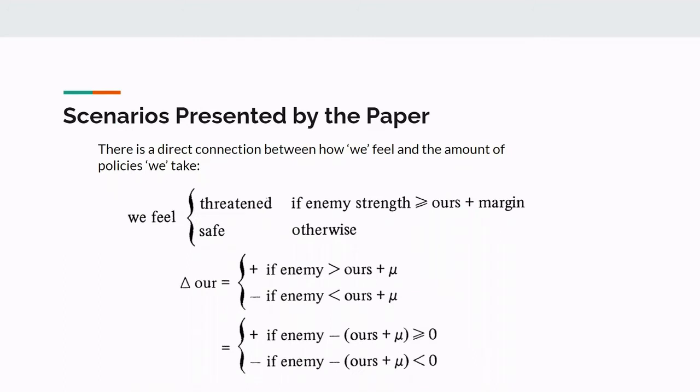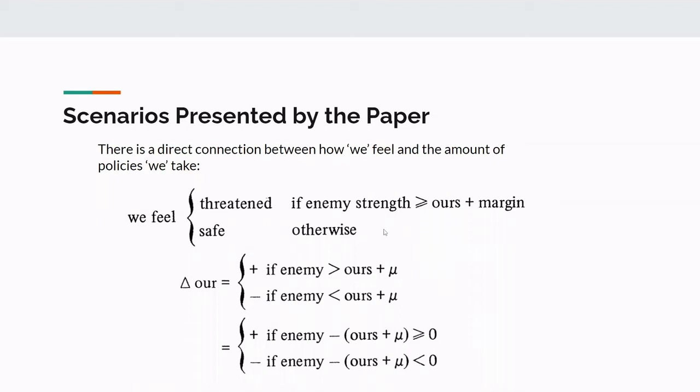In order to come up with his model, Hunter decided to make a connection between how we feel and the amount of policies we take, where we is pretty much the nation that is undertaking these decisions. So we feel threatened if the enemy's strength is greater than or equal to ours, plus this margin of error that was mentioned before.